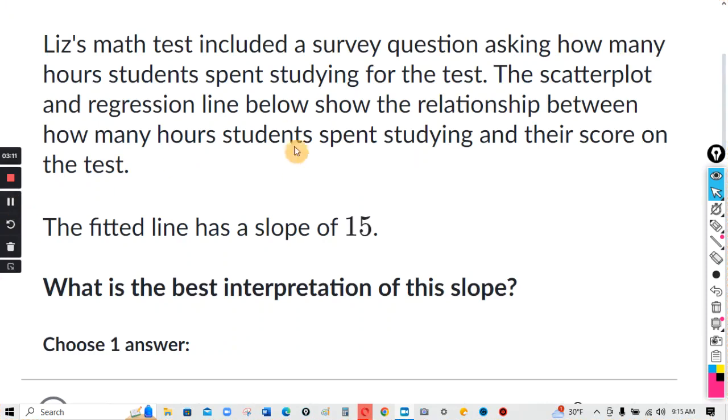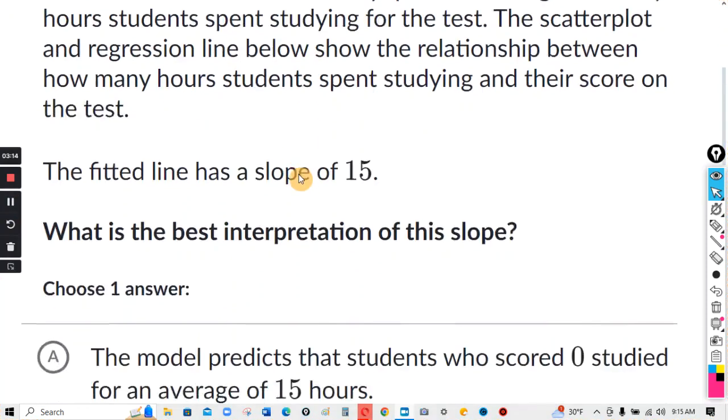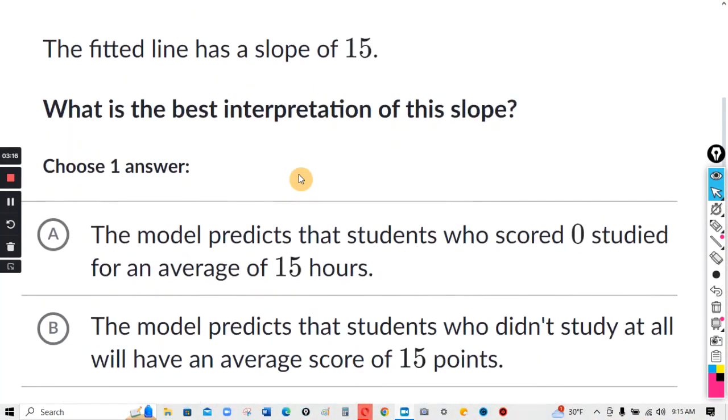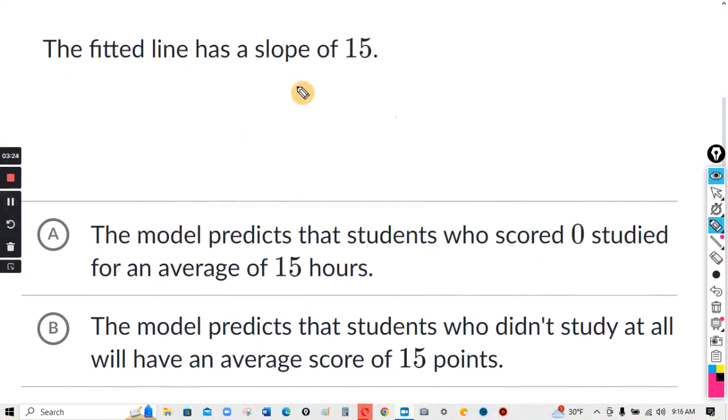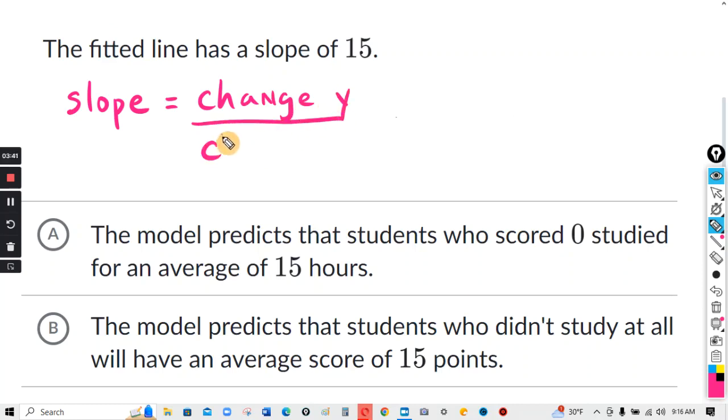Again, you don't really need to read the write-up. And here we're given slope. We have a slope of 15, and they want us to interpret the slope. Now remember, slope is change in y over change in x. So slope is going to equal change in y divided by change in x.